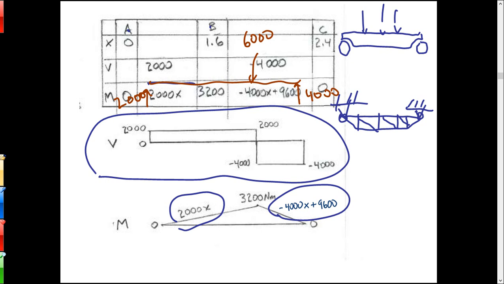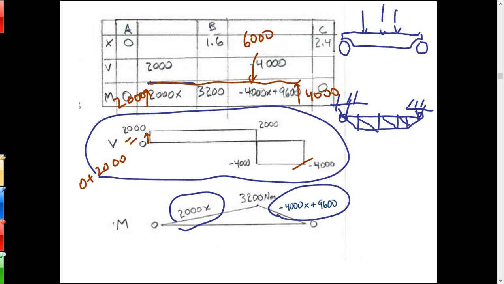Okay. So if I go down to that shear diagram, I start at 0. These diagrams always start at 0. I'm gonna jump up from 0 to 2,000 immediately. So what I'm doing, I've got my starting point at 0, and I go up by the load, which is 2,000, so that equals 2,000.